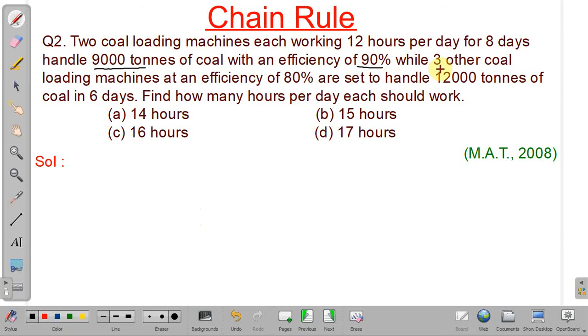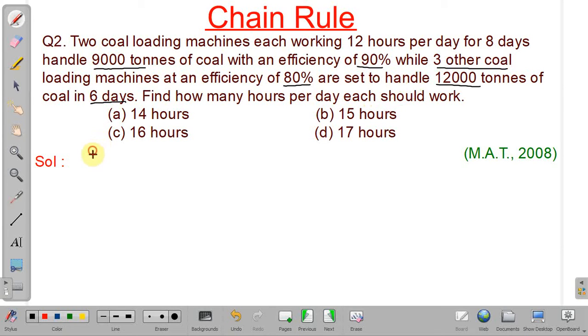And for second case it is given that three other coal loading machines, and efficiency of these machines is 80% only, and these need to handle 12,000 tons of coal in 6 days. Okay, so we have to find what is the total number of working hours each machine should work per day.